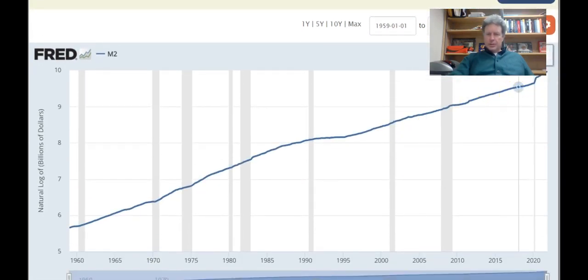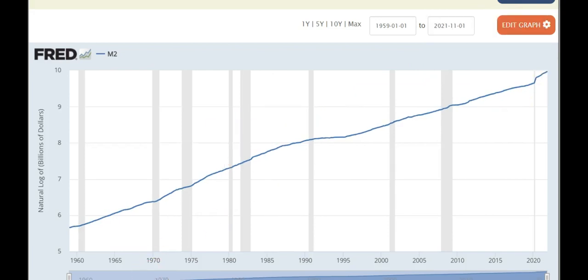So here's our graph in logs, which helps to scale things more appropriately, because all the numbers are bigger recently, so all the changes are bigger recently. You still see this is the biggest jump, but the changes around here are a little more apparent. But we're going to be looking at growth rates anyway.